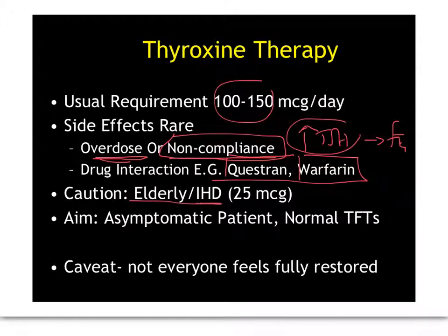In older people, because going from a position of an underactive thyroid to euthyroidism fast could lead to the onset of atrial fibrillation or angina, we go low, 25 micrograms, and we would build that dose very slowly over time. What we're aiming for is somebody who feels well and who has a normal TSH, normal thyroid functions.